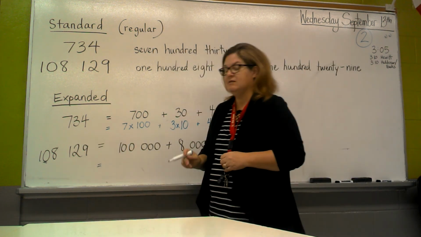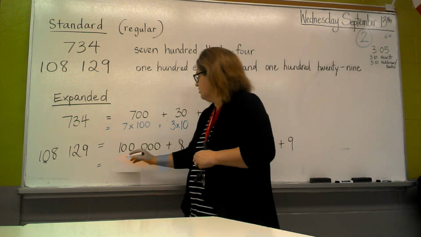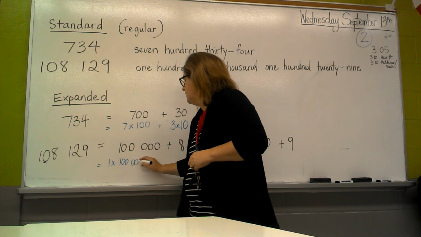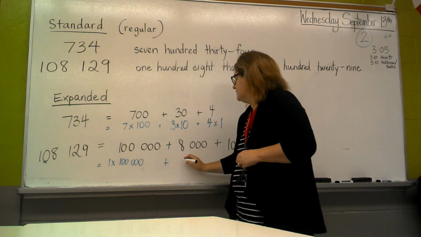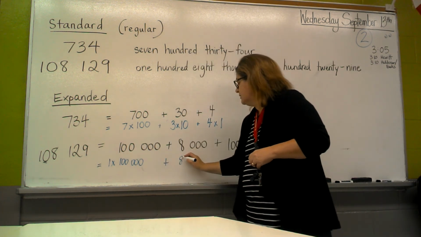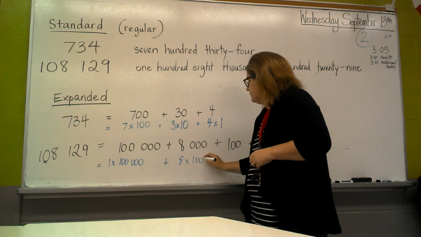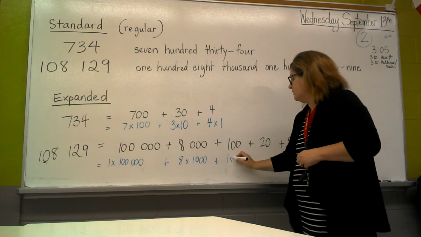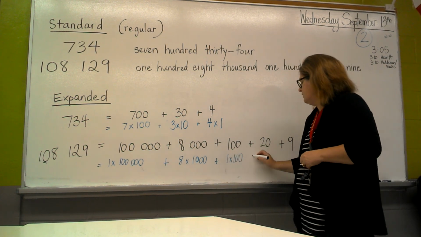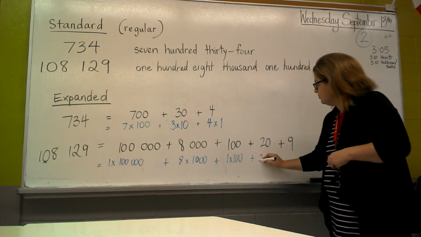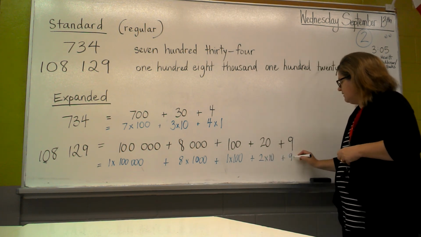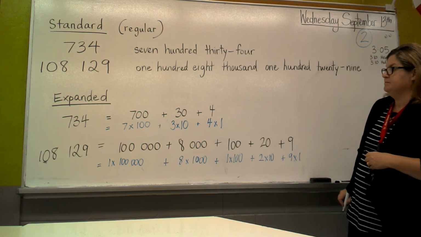The 1 is in the hundred thousands column, so this is 1 times 100,000, and the 8 is in the thousands column, so it's 8 times 1,000, and the 100 is 1 times 100, and the 20 is 2 times 10, and the 9 is 9 times 1.